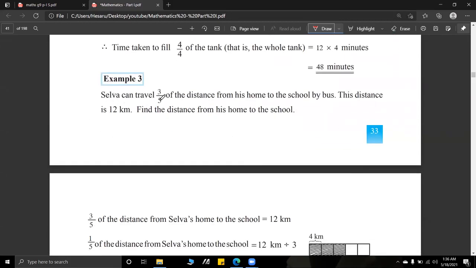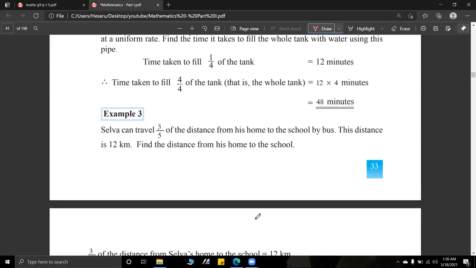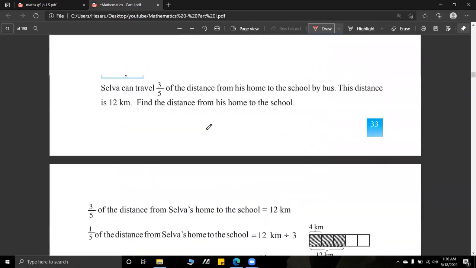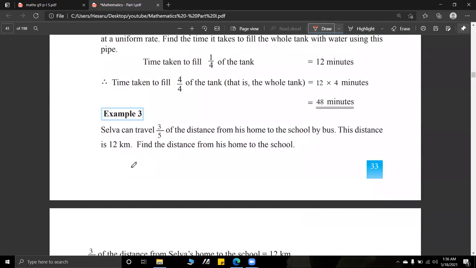Selva can travel 3/5 of the distance from his home to the school by bus. I'm not going to go through these details. You can go through them. I'll just explain it with a diagram. Let's take it like this: 1, 2, 3, 4, 5. So this is the total distance.